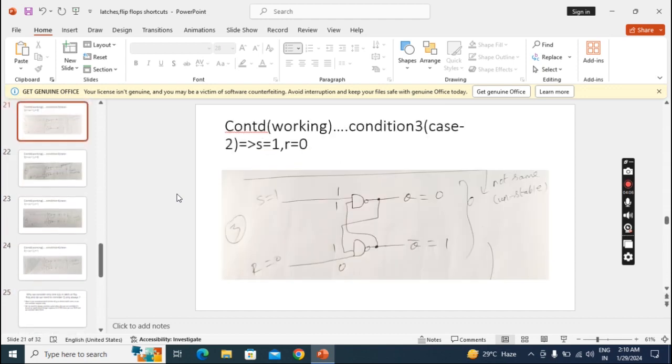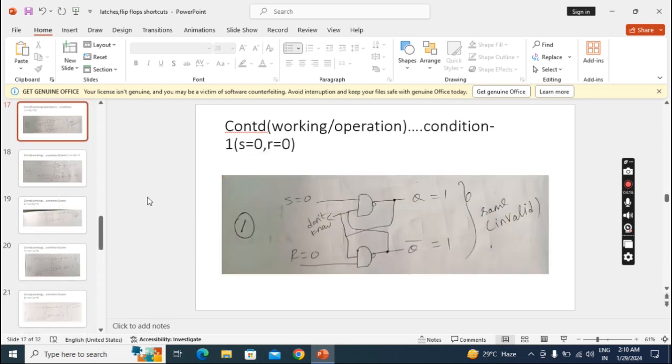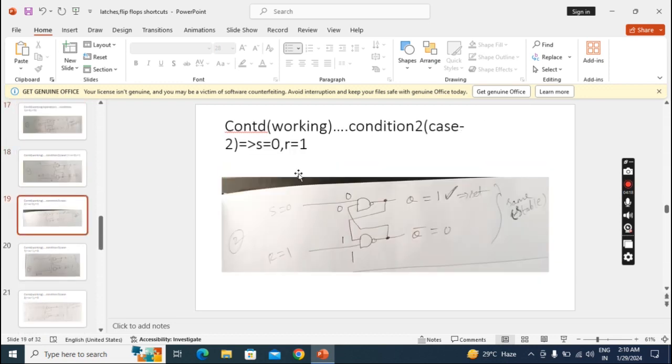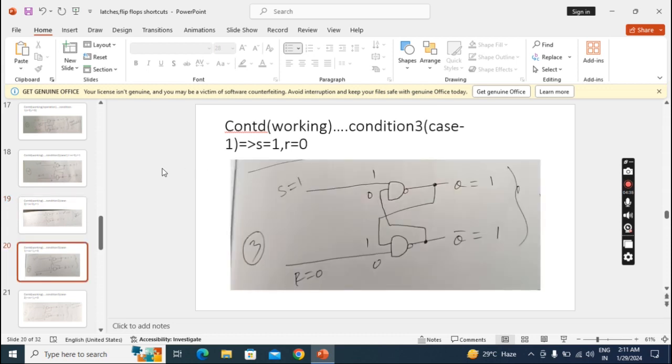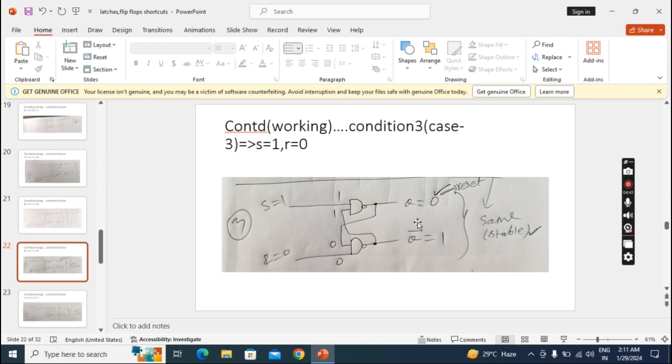In that lecture also, when inputs are different, whatever the R value, that only comes to the Q. So here also, straight to the yes there is Q. You have to write like that. In condition 3, this is the final case. Whatever the R value, that is coming to the Q. Here also yes, straight to that Q.